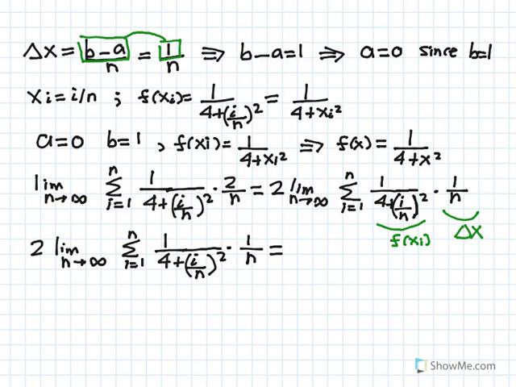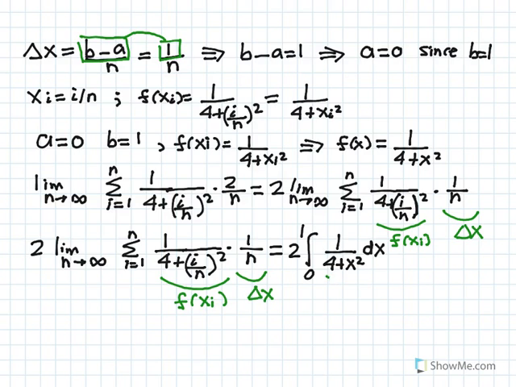This is equal to 2 times the definite integral 0 to 1 of f of x, which is 1 over (4 plus x squared), dx. So this part here is f of xi. 1 over n is delta x. In a definite integral, this part, 1 over (4 plus x squared), is f of x times dx. This is just dx.